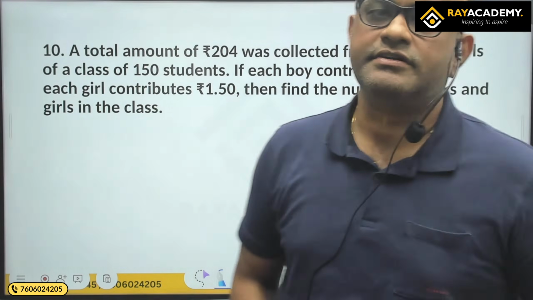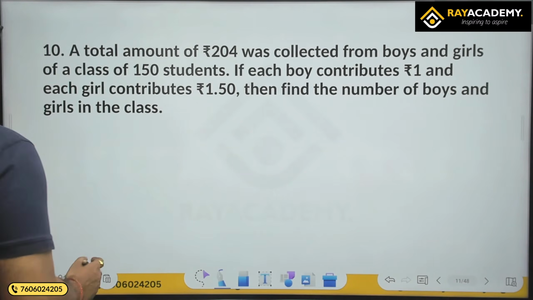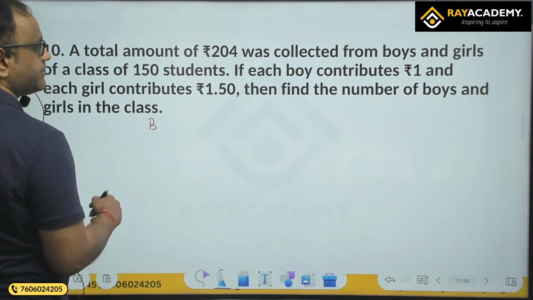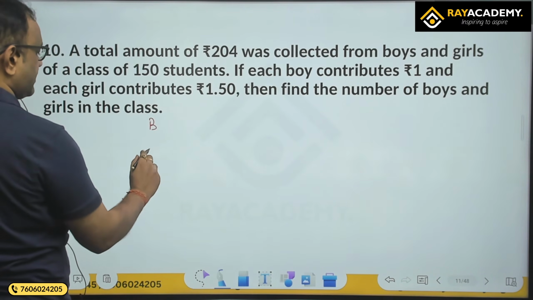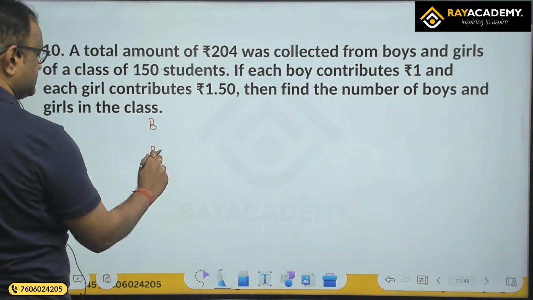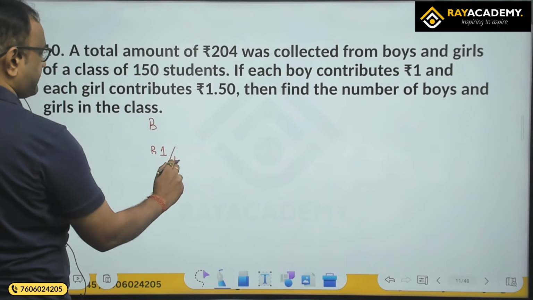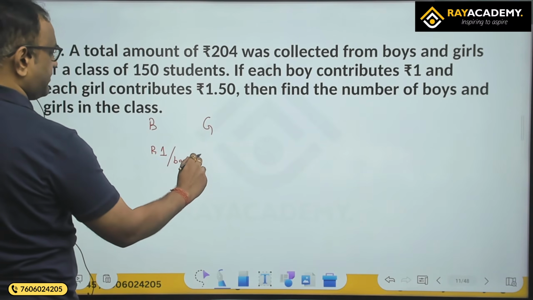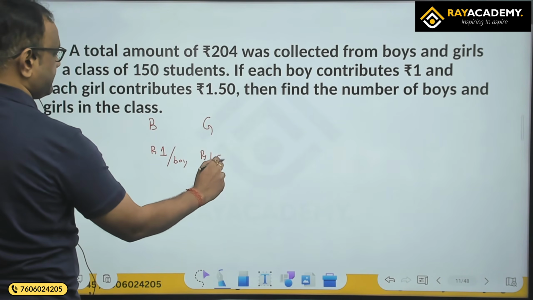There also, let's see what is happening. Let's say B is the number of boys. This is easy to figure out. Each boy contributes 1 rupee, 1 rupee per boy. G is the number of girls. Each girl contributes 1.5, 1.5 per girl.